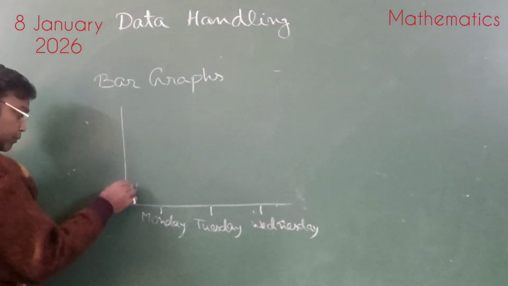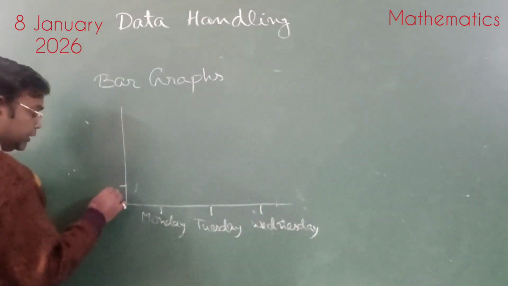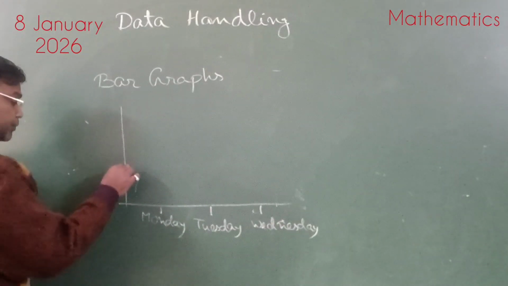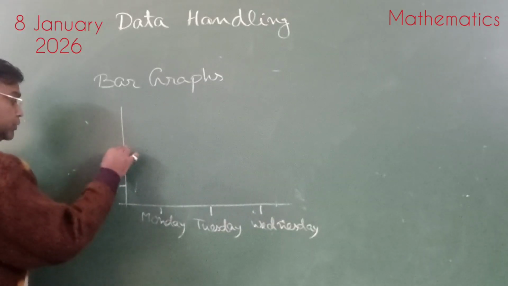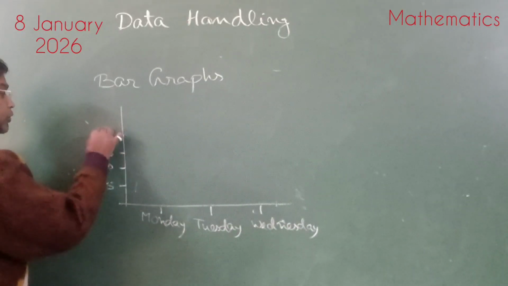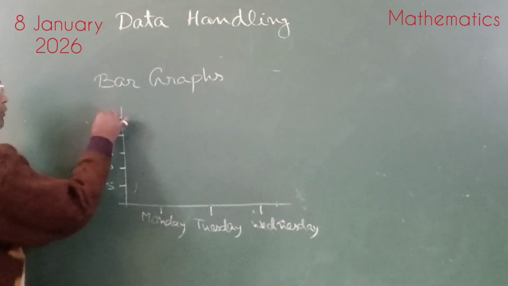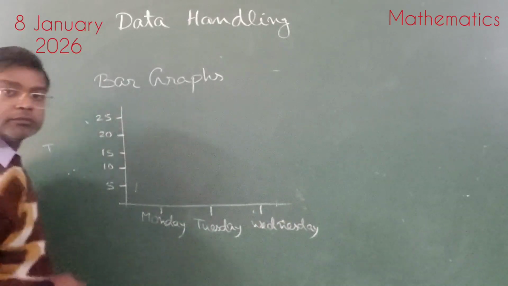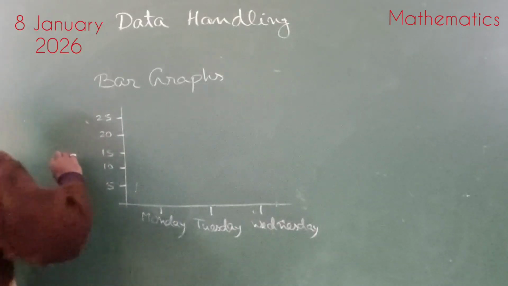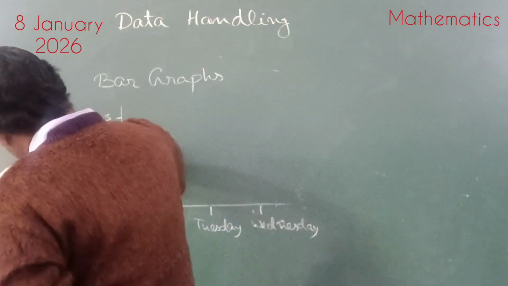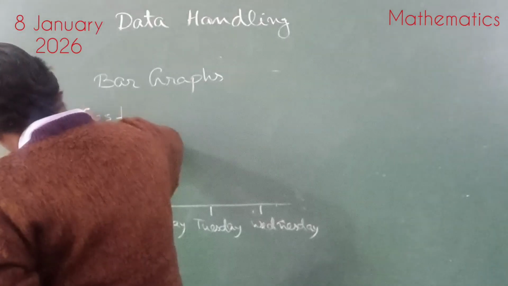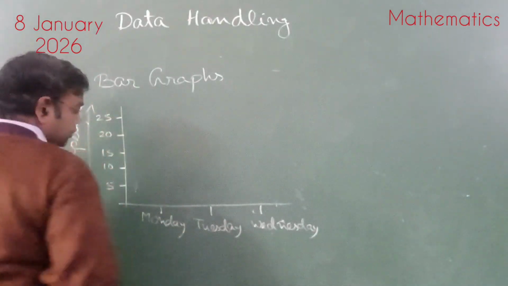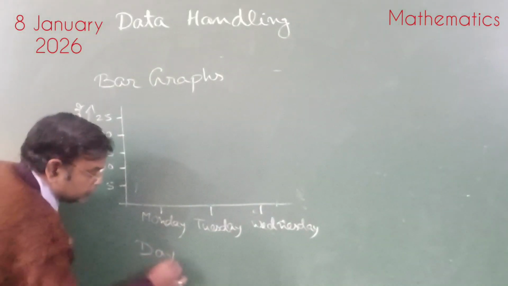Now, temperatures are variable, so here I use multiples of 5. This is 5, this is 10, this is 15, this is 20, this is 25. This axis represents the temperature, and these are your days.